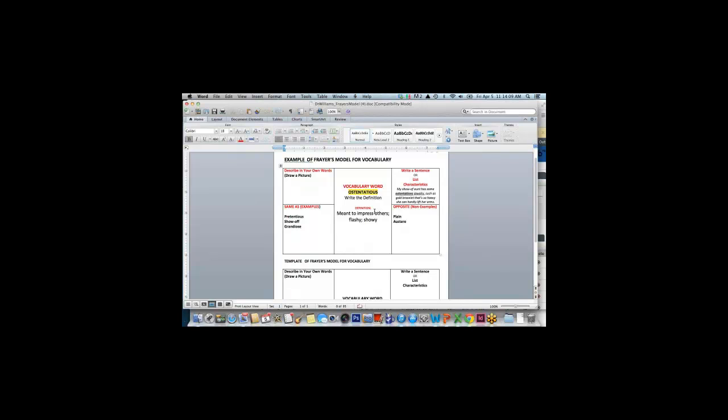And on their index cards, here's an example of the Frayer model. We actually use the vocabulary book that we go through. We use the Ten Steps book for vocabulary by Langan. I'm sorry, the Ten Steps for Reading a vocabulary book.